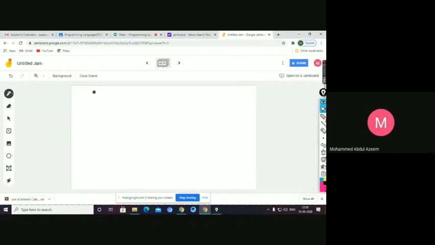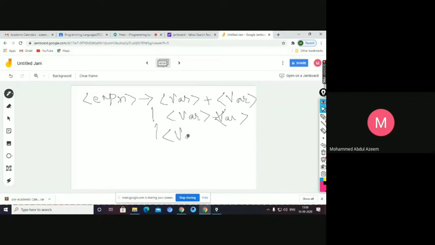Now I am defining the expressions. Expression is defined to be variable plus another variable, or variable minus variable, or just a variable.